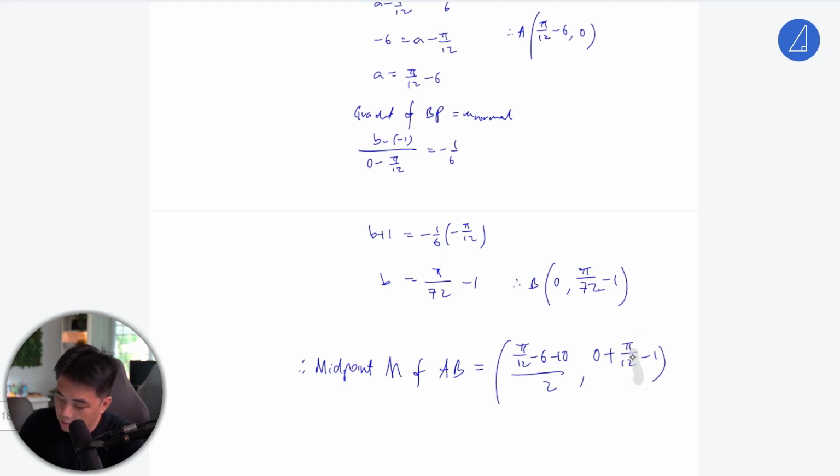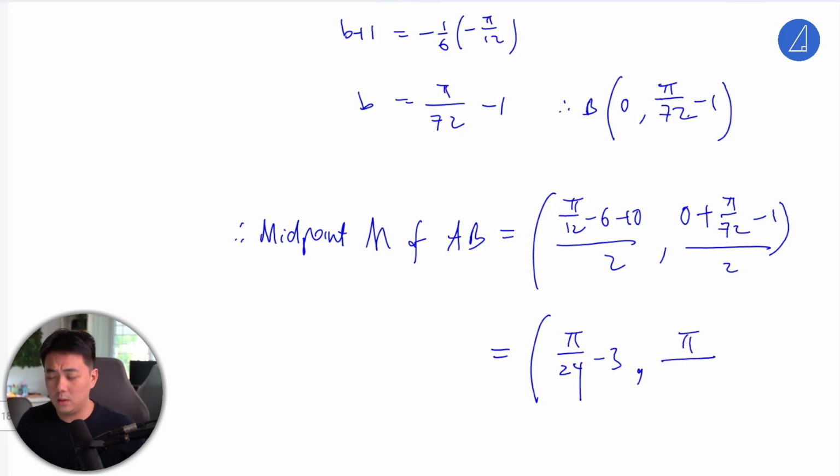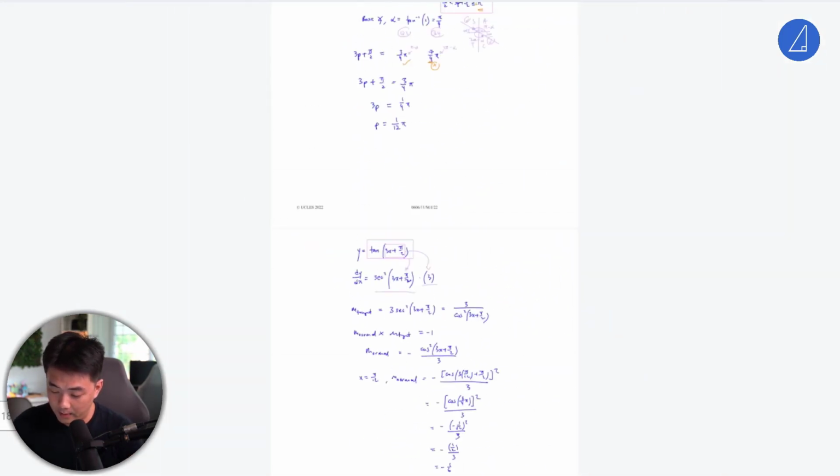Just use the midpoint theorem: x1 plus x2 divided by 2, y1 plus y2 divided by 2. A lot of steps involved. There will be 7 pi over 24 minus 3, comma, pi over 144, since 72 times 2 will be 144. Alright. So this is how I will get my midpoint.